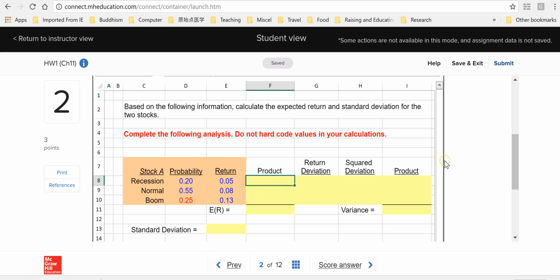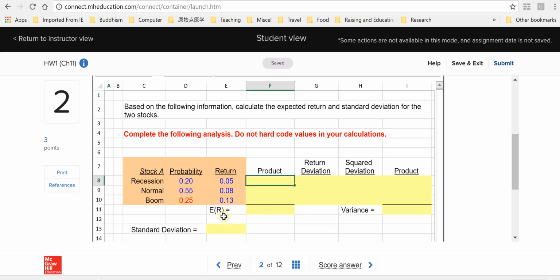This E(R) is expected return, and variance is the probability times the squared deviation, summed over the different states. That's basically the weighted average of the squared deviations.